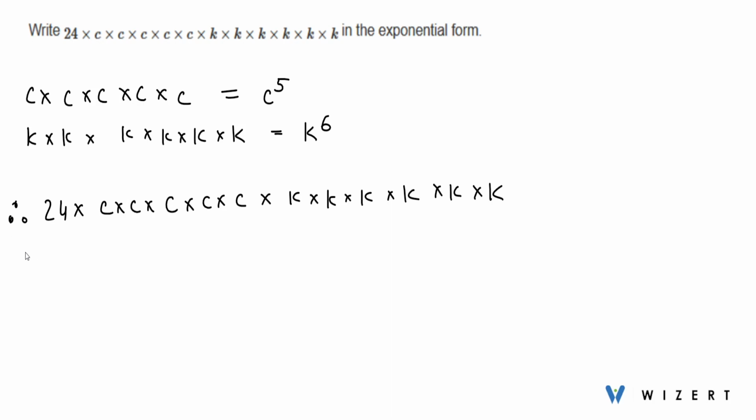Okay, that's correct. So it will become 24 multiplied by c raised to the power 5 multiplied by k raised to the power 6. So ultimately we will have 24 c raised to the power 5 k raised to the power 6 as the required final answer.